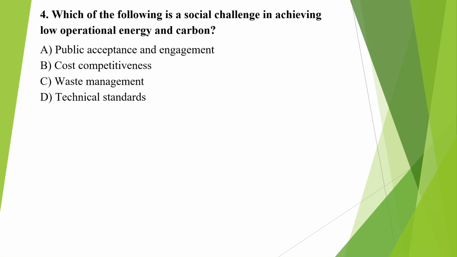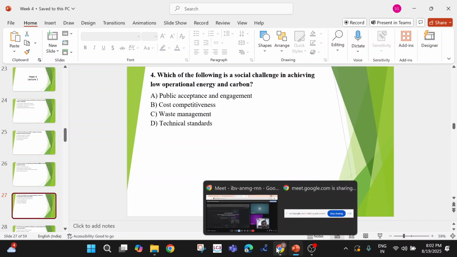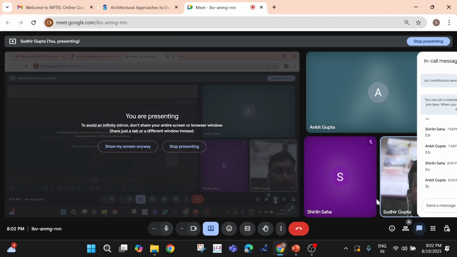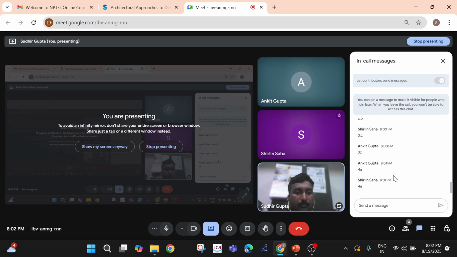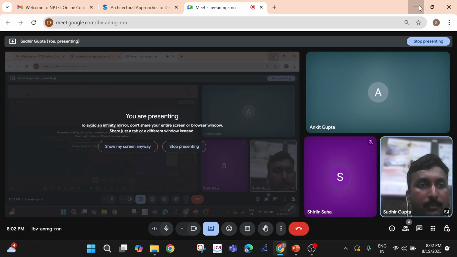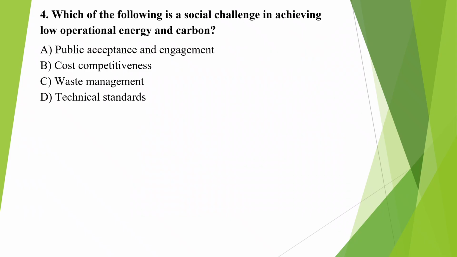Let's see how many of you can answer it correctly. So option A has been marked. Let me see whether you have marked it correctly or not.